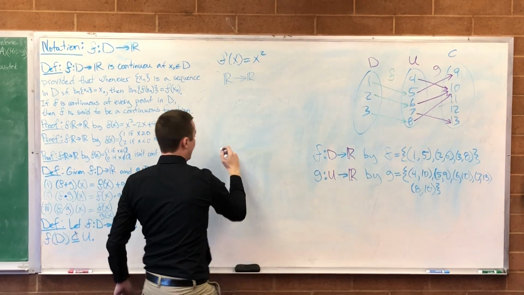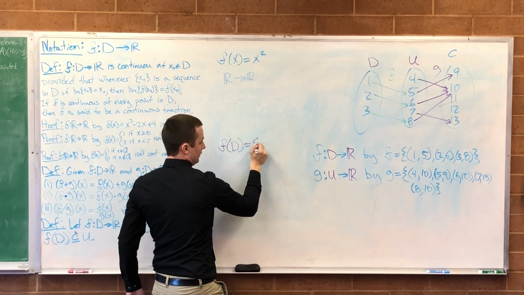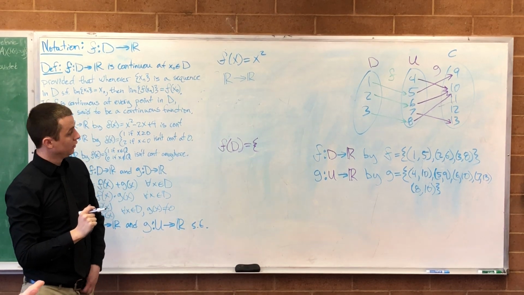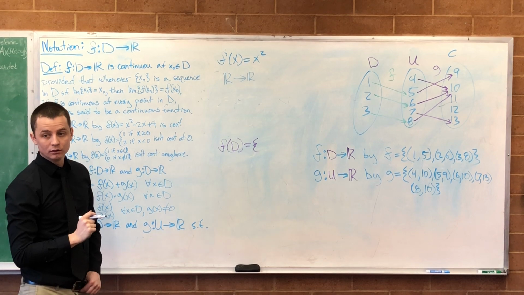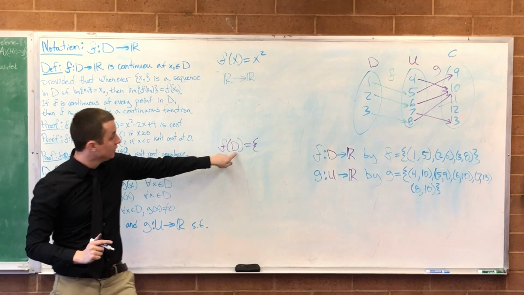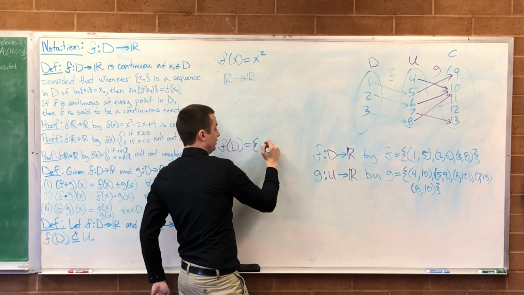Now notice that f of D is equal to what? Okay, fine. They're still related though, because D is going directly to U. That's not necessarily the case here, right? It is the case here. So f of D is equal to the set, what? 5, 6, 8.